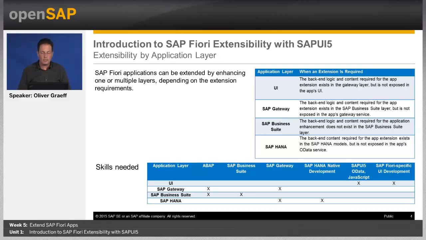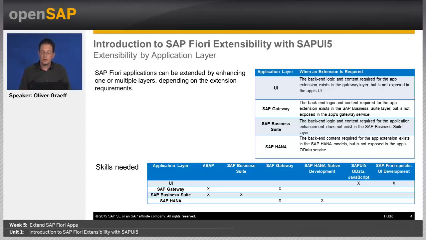You have another table here on this slide which is giving you information on which skills you would need on the different levels. And as you can see here, depending on whether you're doing a change in the UI or in the business suite, it's different programming languages, different skills you would need for that.